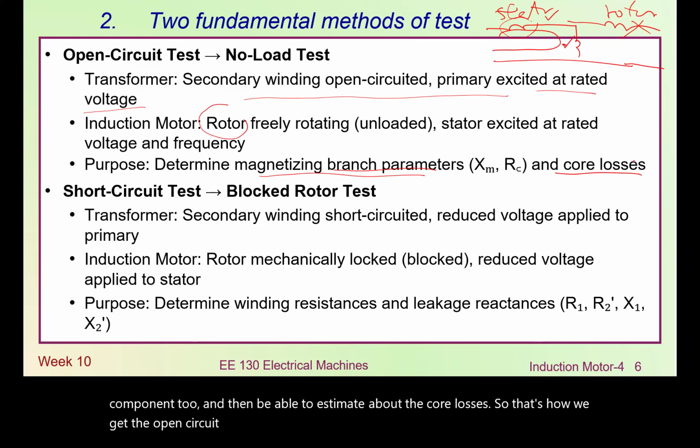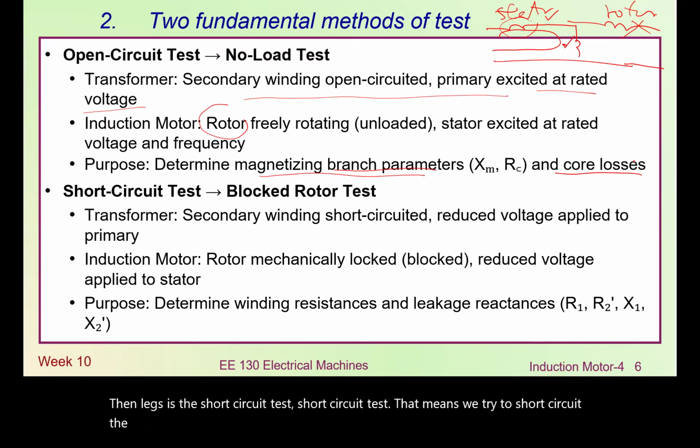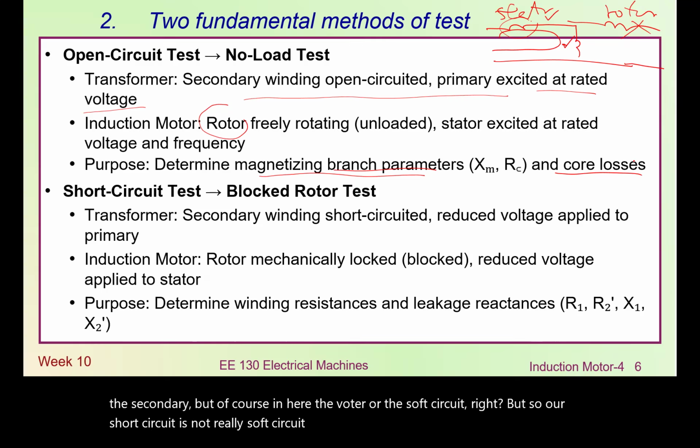The next is the short circuit test. Short circuit test means we try to short circuit the secondary. But of course, here the rotor is already short circuited. So our short circuit test is not really a short circuit, but a blocked rotor test. We block the rotor and do not allow it to rotate.